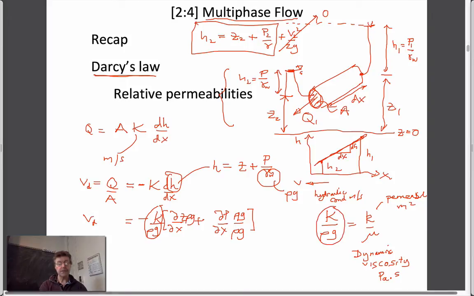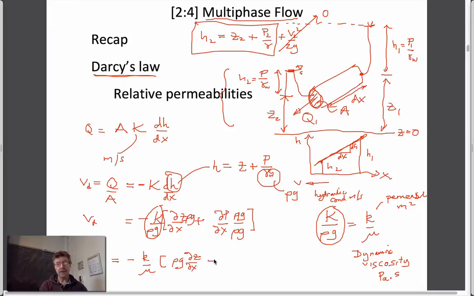And so we could substitute that Darcy velocity is equal to minus permeability over viscosity. So all I'm doing is switching out one side for the other because I now have done this, and multiplied through by a term which is density of the fluid times gravity and the change in how the distance in the vertical direction changes with the distance in x.